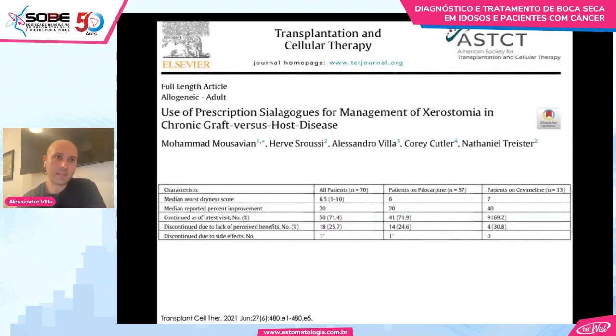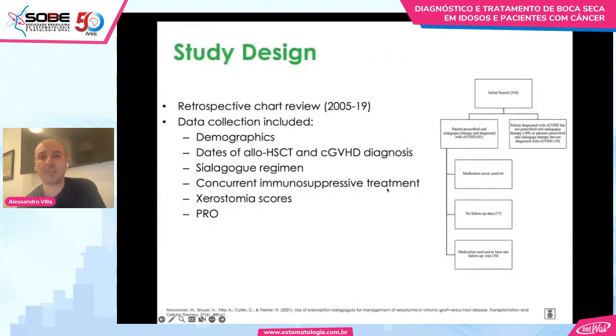Just wanted to spend a little bit of time on how to manage patients with salivary gland GVHD. This is a paper that was published 3 years ago now, on the use of prescription sialogogues for the management of xerostomia in chronic graft-versus-host disease patients. We included a total of 70 patients, the majority of which were on pilocarpine, and 13 were on cevimeline. And this was a retrospective chart review.